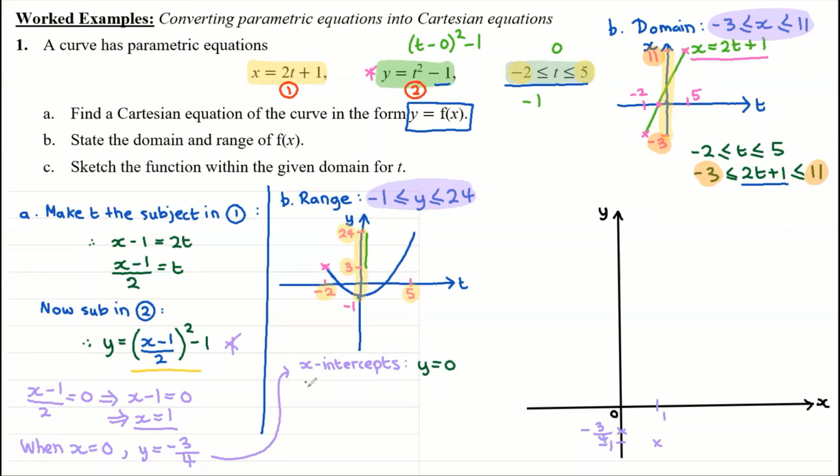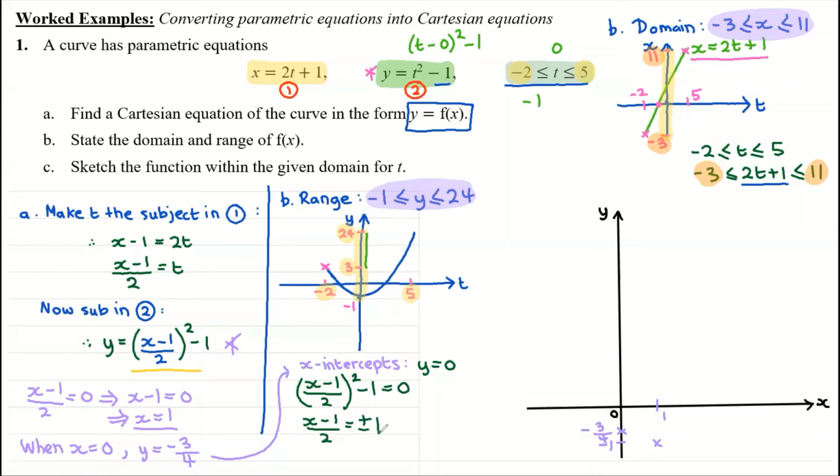So we just have to set all this equal to 0 like that. Now, to do that, obviously I've got to add 1 and take a square root. So I'm essentially going to get two results. So I'm going to get a result when x minus 1 over 2 is equal to what would essentially be the square root of 1, which is going to be plus or minus 1.